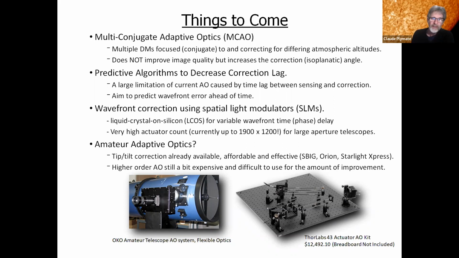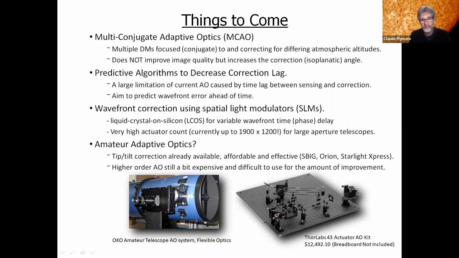Higher order adaptive optics, taking out higher order aberrations, are still a bit expensive. Here's a benchtop demonstrator from Thorlabs that's $12,000. Acktec, or Flexible Optical, made this deformable mirror. They built one.